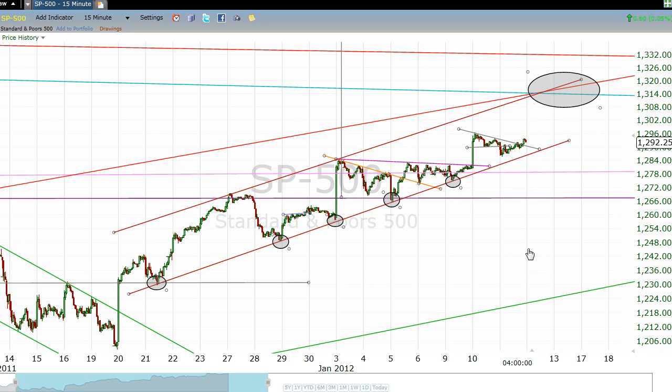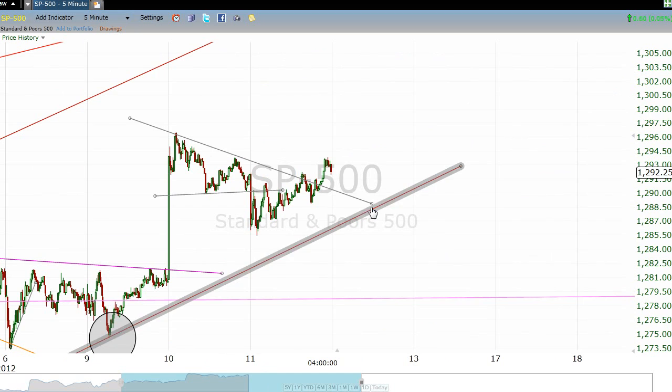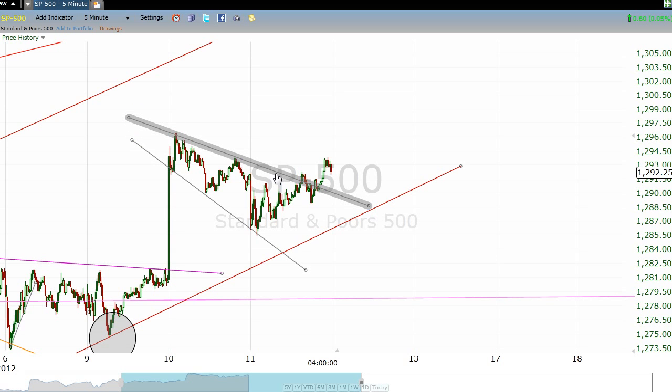If we look at a 5-minute chart, you can see I'm just kind of playing with some ideas here on what may have transpired over the past couple days. There really isn't any real clear pattern that I see, but getting over this little top line right here, I think that may be a pretty good sign as far as a little more strength in this market coming up.